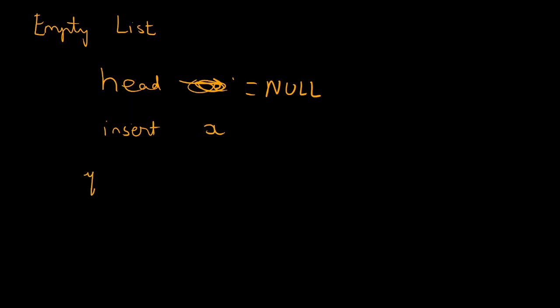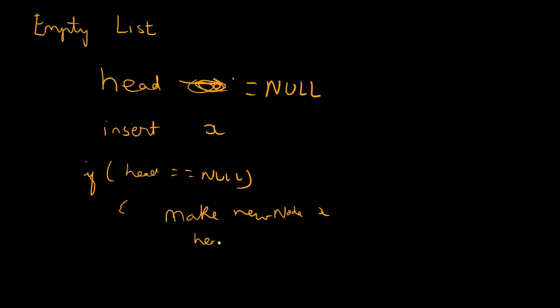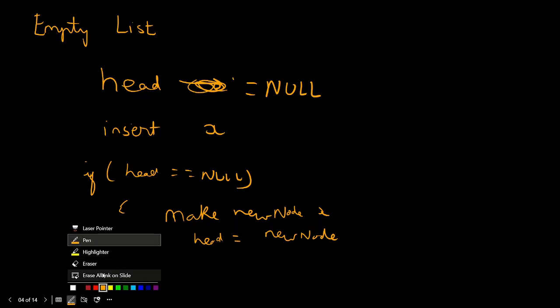I can just put if my head is null, directly make new node x and head equal new node. That's it. This is how I insert into an empty list. So yeah, that's all the special cases handled.